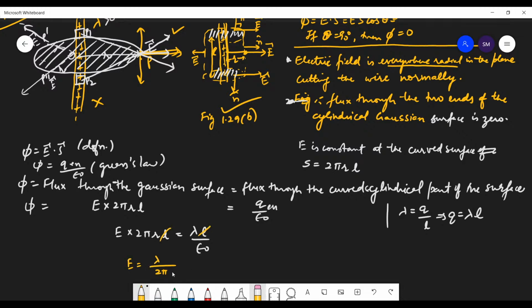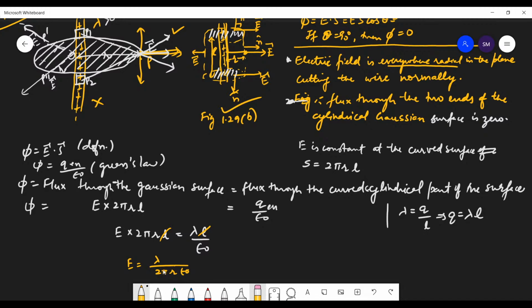This R will come to this side in the denominator, 2 pi R. Let us write the constant first, it's better to write the epsilon naught first. So lambda upon 2 pi epsilon naught R.